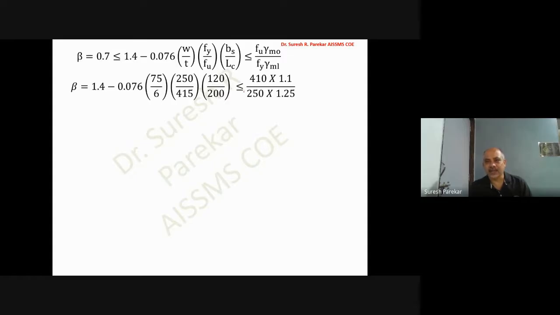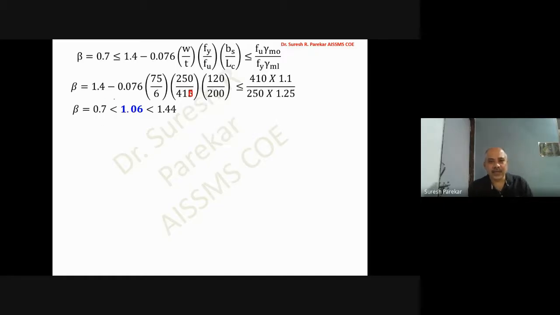By substituting these values, fu we have actually 410, and if we calculate, then we get the beta value as 1.06, and this value is greater than 0.7 and less than 1.44, so this value is correct.